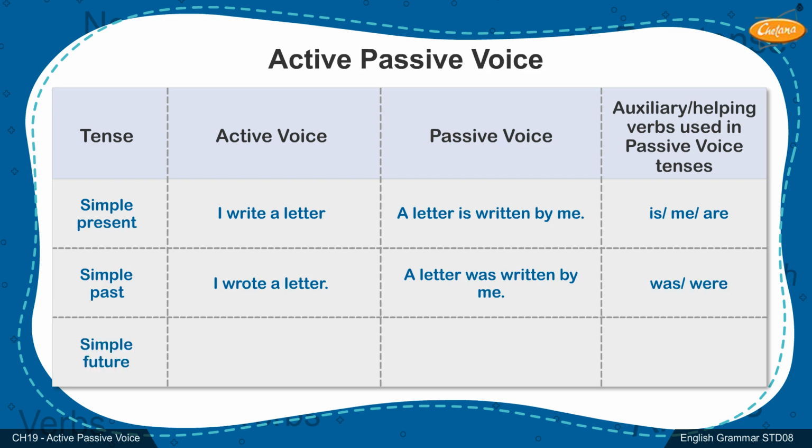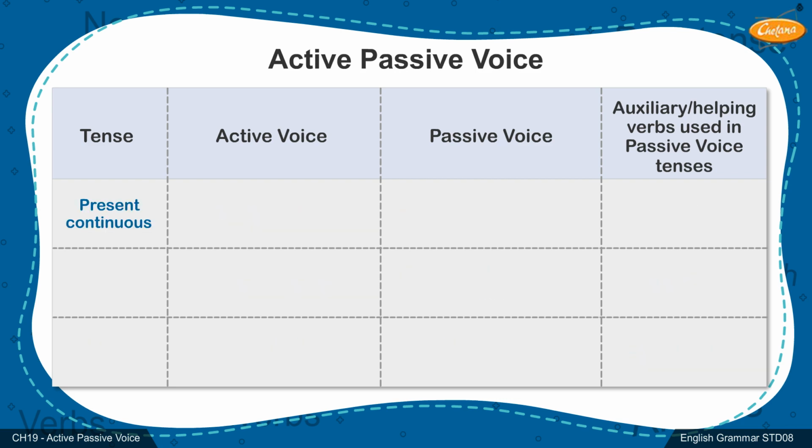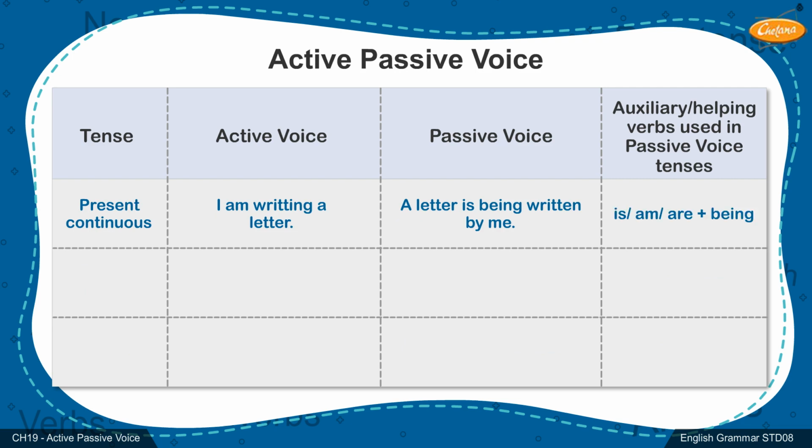Simple future: I shall write a letter. A letter will be written by me: shall be or will be. Present continuous: I am writing a letter. A letter is being written by me: is, am or are plus being.